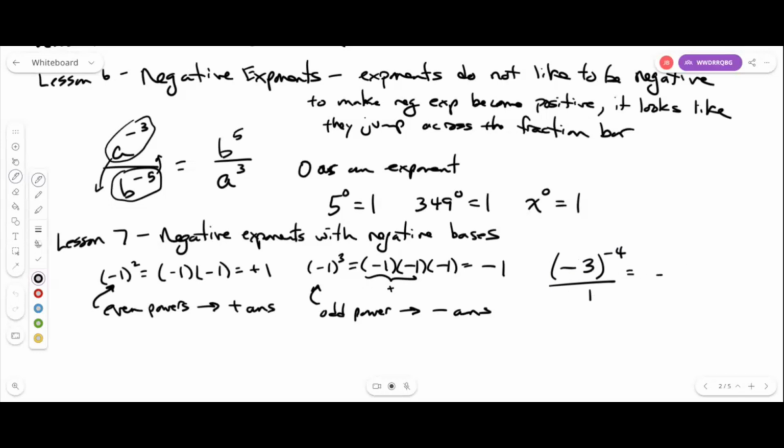Then this is going to jump to the bottom and become negative 3 to the positive 4 power. Then if this jumps down to the bottom, there's got to be something left over. There's always a factor of 1. Then here I have a negative number being raised to an even power. I'm going to get a positive answer, and 3 to the 4th is 81.